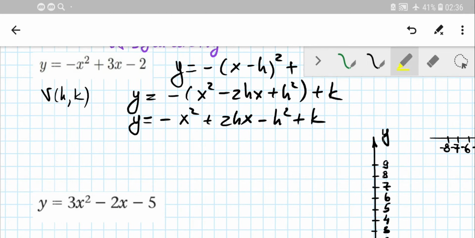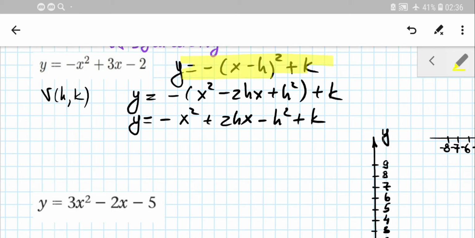So this, guys, is a pretty long method, so never try to do it this way if you're not required to, because you can do it much easier by finding the vertex form directly. So I just showed you how to do it through standard to vertex form, and right now I just expand it and use the expansion approach to compare coefficients.